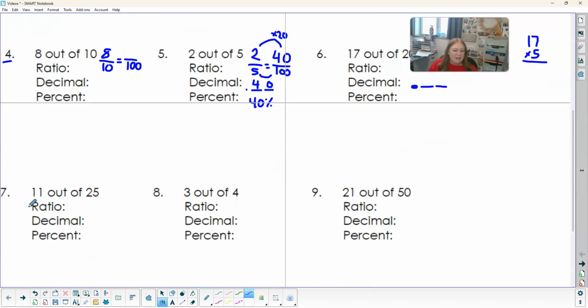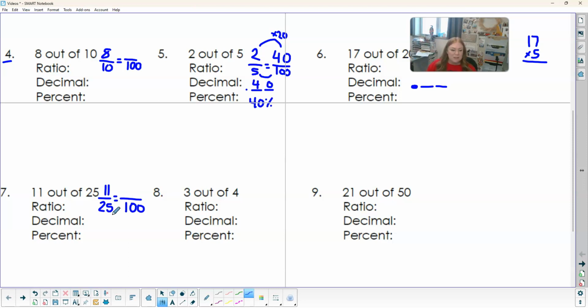Hey, next up we have 11 out of 25. So I set up my problem, 11 out of 25, and I need to get to 100. 25, I know it sounds big and scary. It's a great number. It's quarters. 25 cents is 1 quarter. So if I have 25, 50, 75, 100, it takes 4 quarters to make 1 whole dollar.